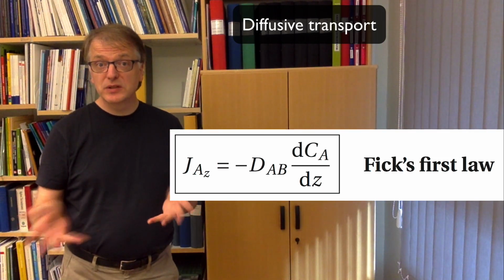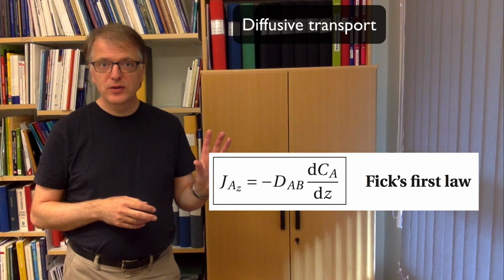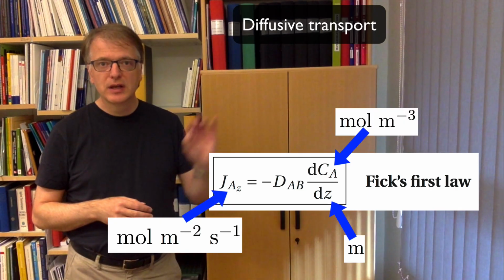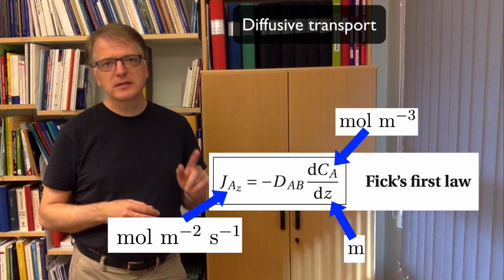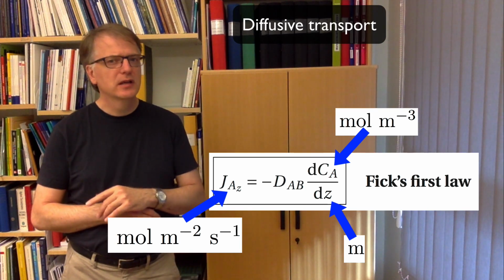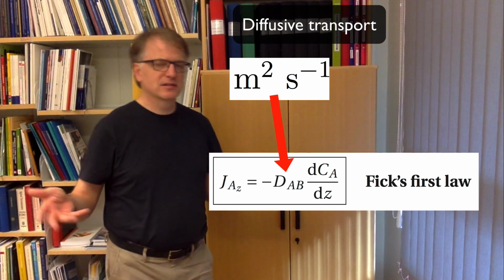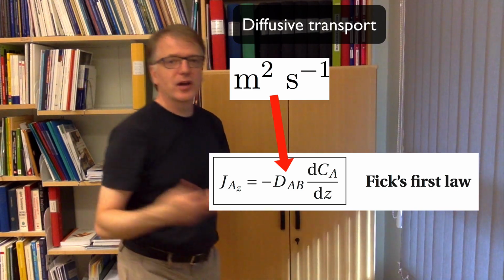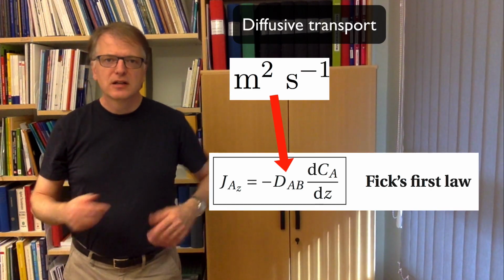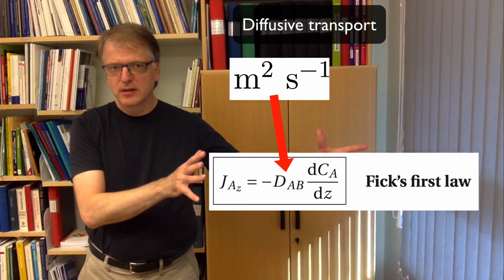But what is the unit of diffusivity? Well, if you look at the other units here, mole per square meter per second, mole per cubic meter, and meter, that means that the diffusivity must have the unit square meter per second. But that sounds something like a painter, right? Trying to paint a wall and you paint the number of square meters per second. That sounds rather strange for something that is transported.